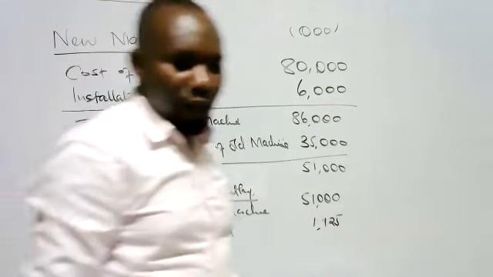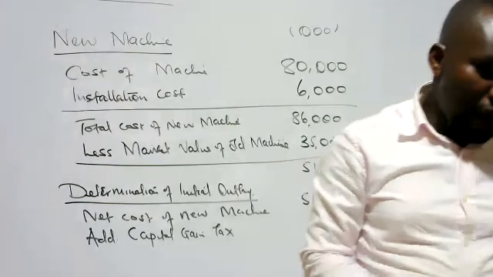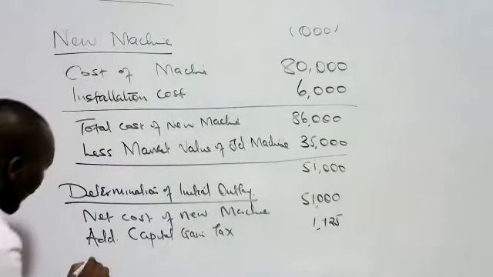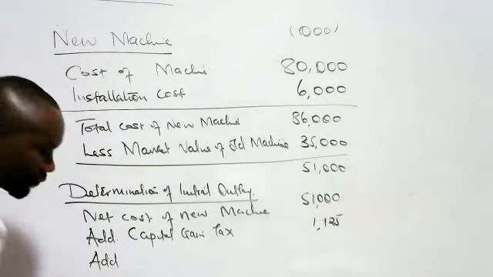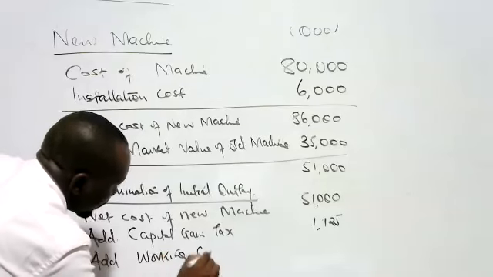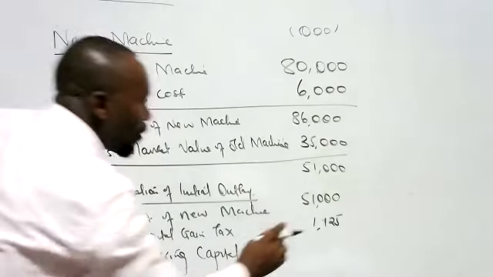What else did you pay for? We also have initial or working capital. See, add working capital. These are the real money that left your wallet.